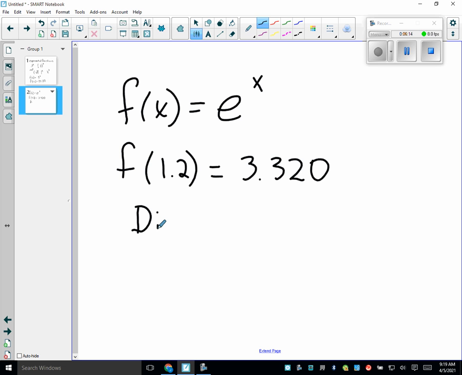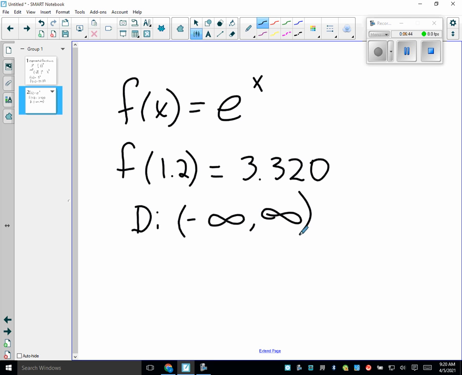Negative infinity to infinity. The domain is x. For this letter right here, could I put any number up there? Yep. So the domain is negative infinity to infinity. The domain is going left to right.